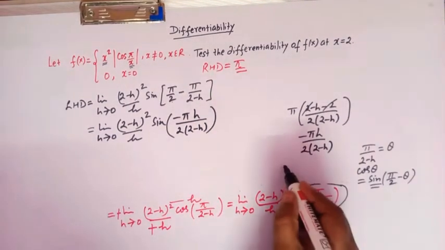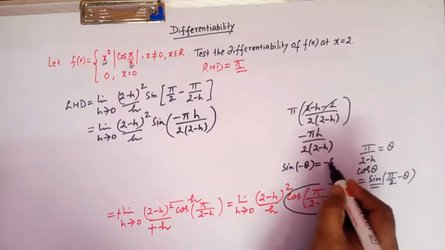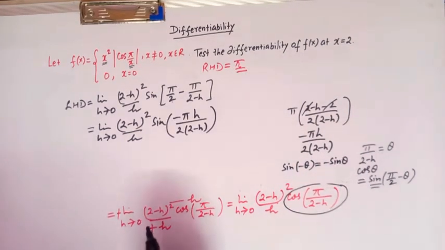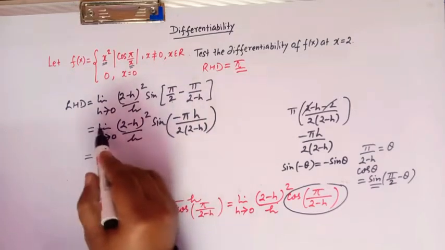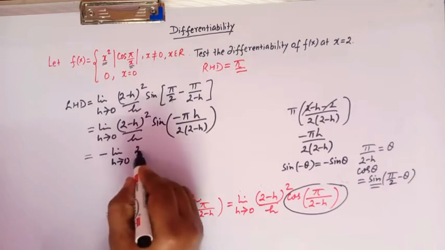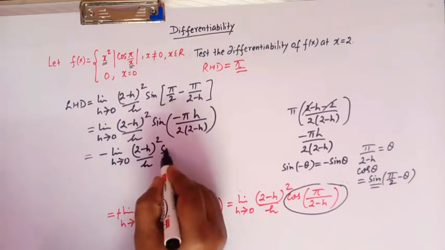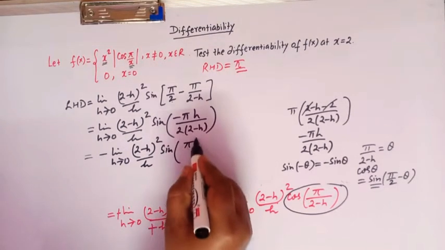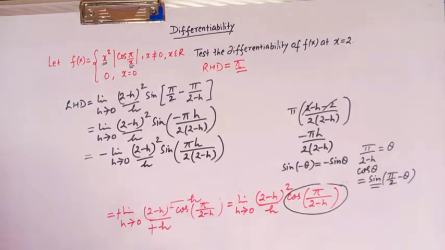Now we know that sine of minus theta is equal to minus of sine theta. So in the next step we can take this negative sign outside, so we have minus limit h tends to 0, 2 minus h square over h, and we have sine of pi h over 2 times 2 minus h, right?